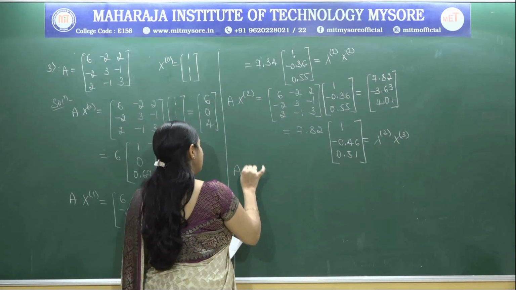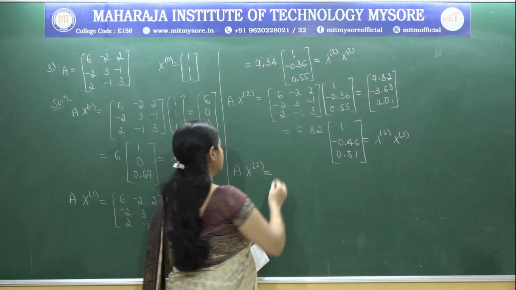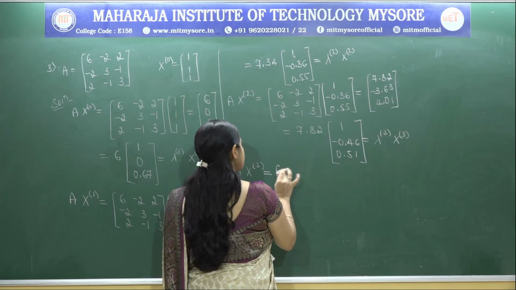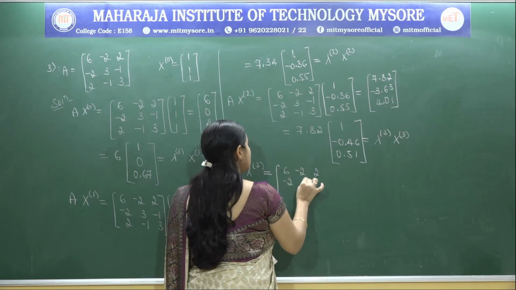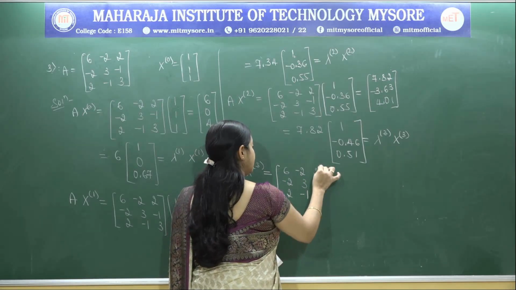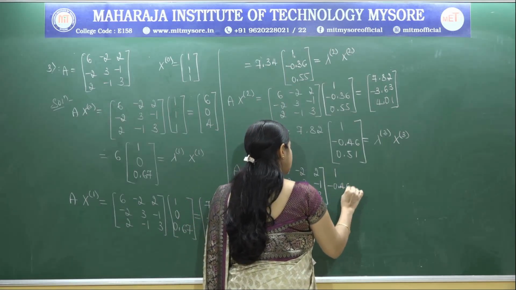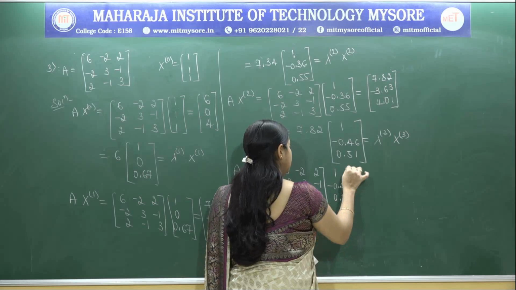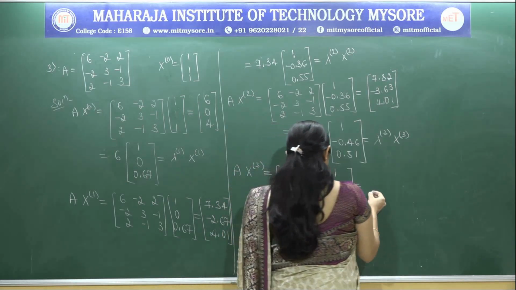Next, again, A with x of 3. So it is 6 minus 2 and 2, minus 2, 3 and minus 1, 2 minus 1 and 3, with 1, minus 0.46, 0.51. So take the matrix multiplication.